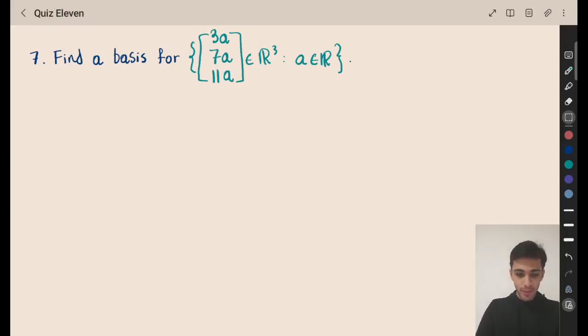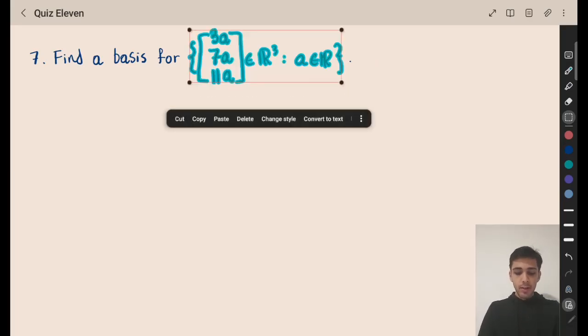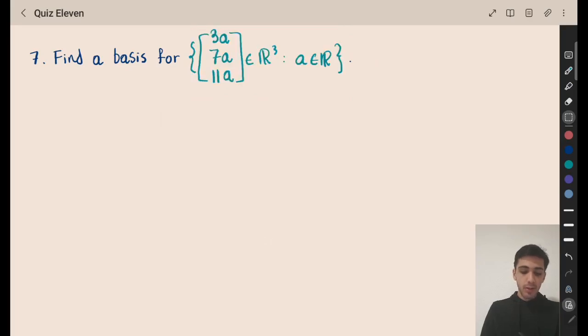Find the basis of this vector space. Well, maybe I shouldn't say the basis, because you could choose an infinite amount of bases for a vector space. So perhaps it is not so precise to say, the basis.